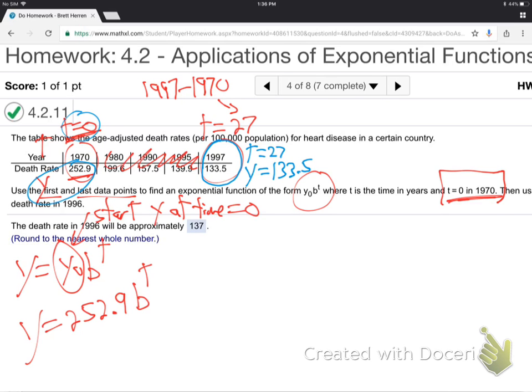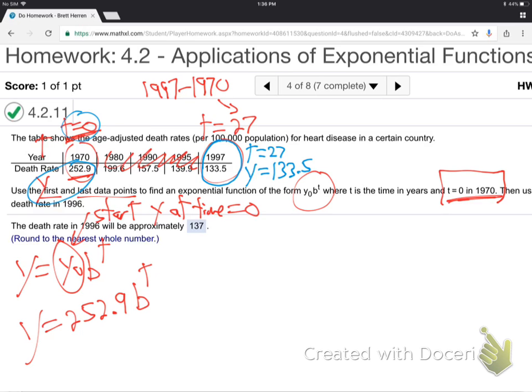Do you see how what they're giving us in the table is a couple of XY points, basically? It's TY instead of XY, but it's the same thing. That's what they're going to do on these problems, is give you a couple of XY points. So the first one was 0, 252.9. That gave me my Y sub 0. The next one is 27, and the Y that goes with that is 133.5.